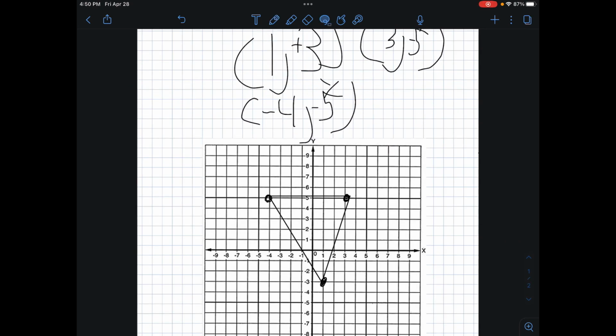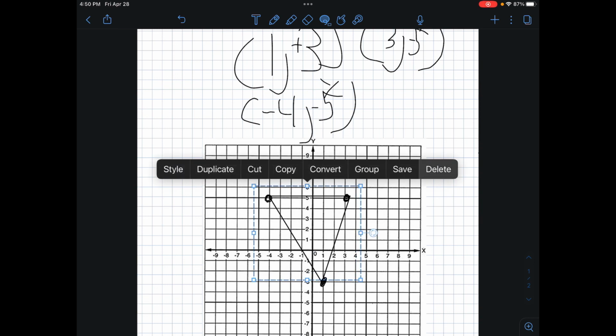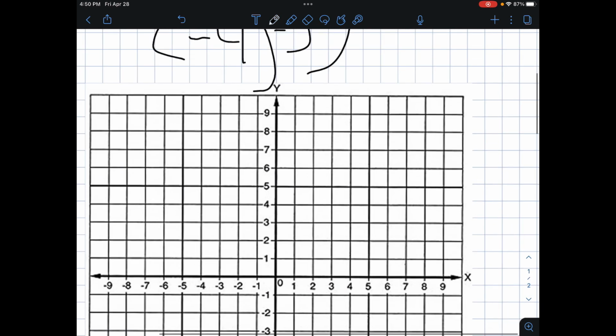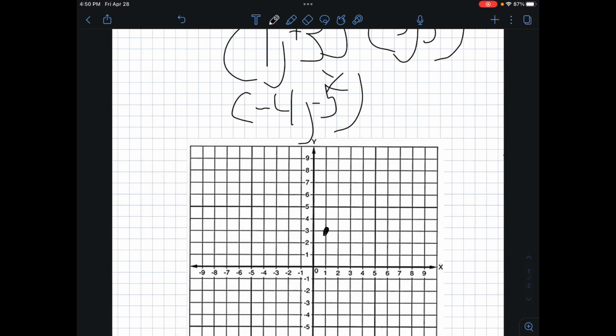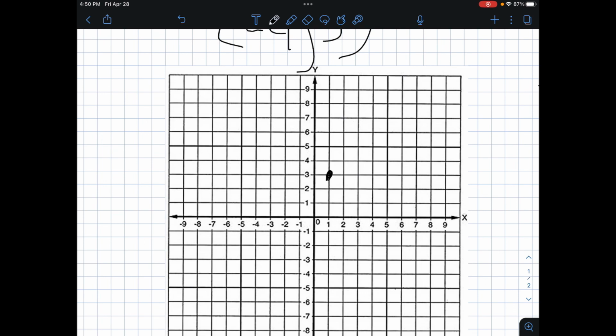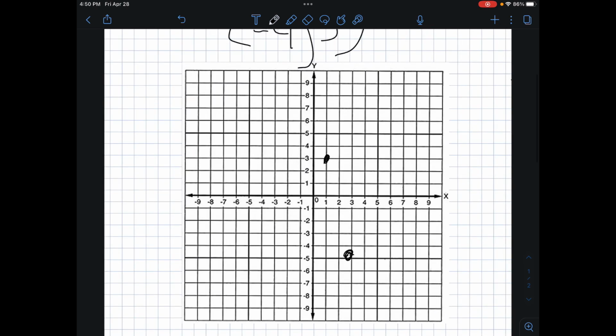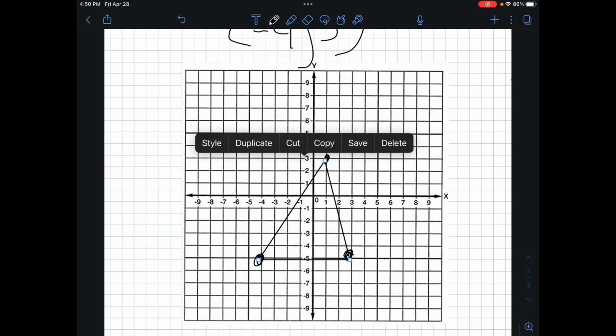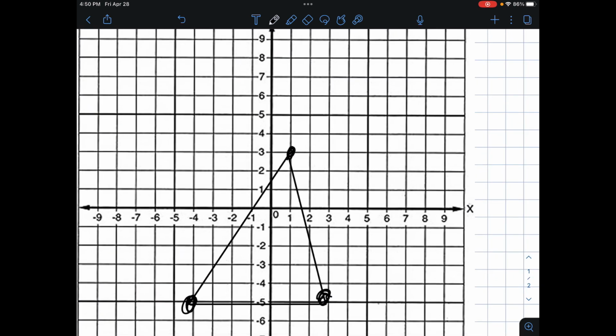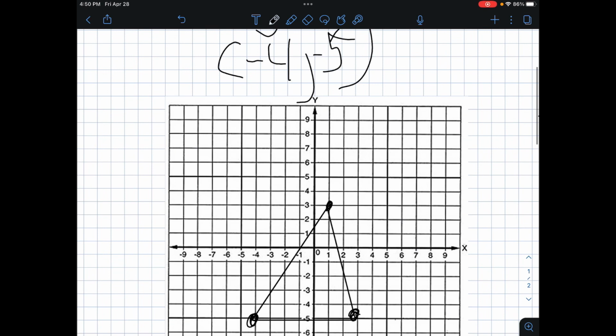Let's write down our new graph. Instead of our previous one, we now have 1, 3, 3, -5, and -4, 5. So again, they just flipped. Right here, this would be our new image, not our pre-image. The pre-image is always going to be the first one. This would be our image now.